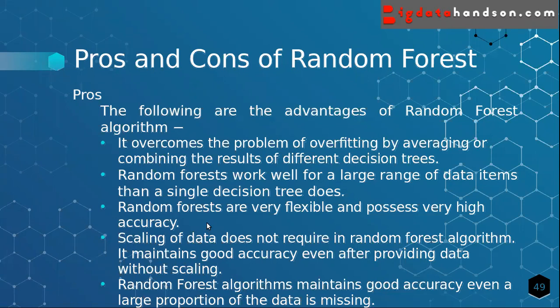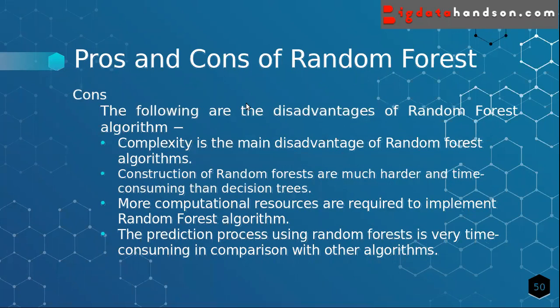All this data can work in the random forest algorithm, and it has some cons also, that is complexity. The complexity here is that we are creating multiple decision trees, which is much harder than creating a single decision tree.